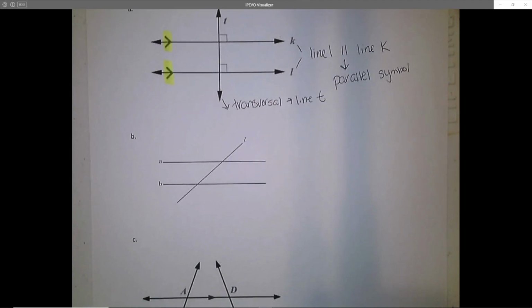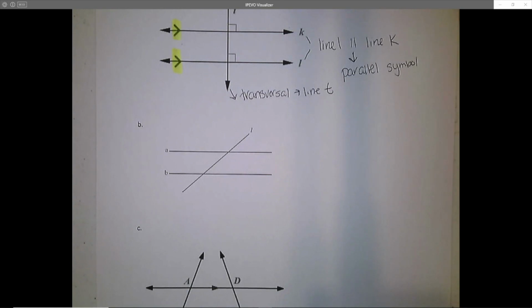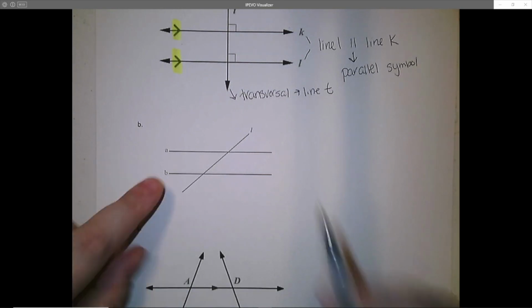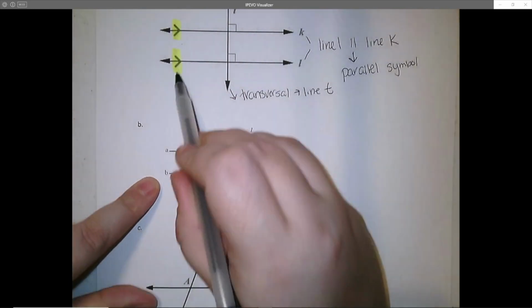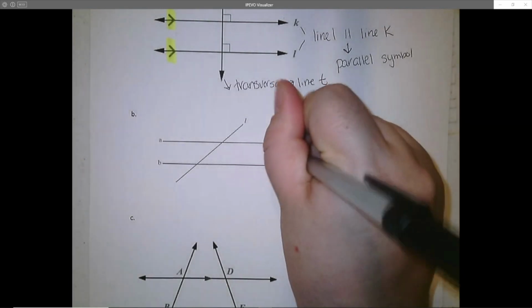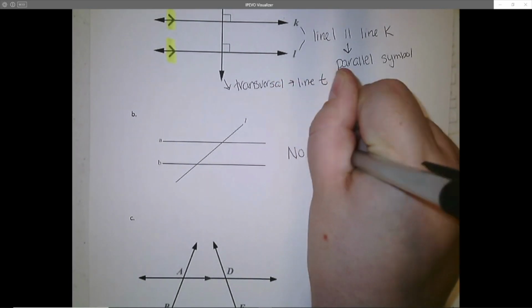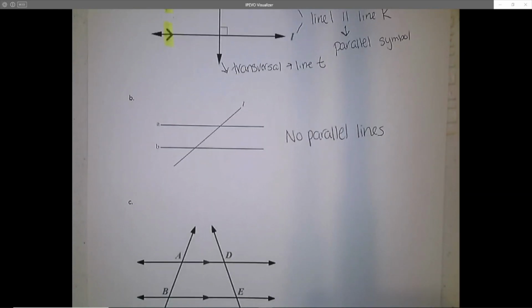Okay, going down here to B. I do not have parallel lines simply because it's not told to me, nor do I see these arrows like I saw in A. So here in B, I have no parallel lines, but I do have a transversal.